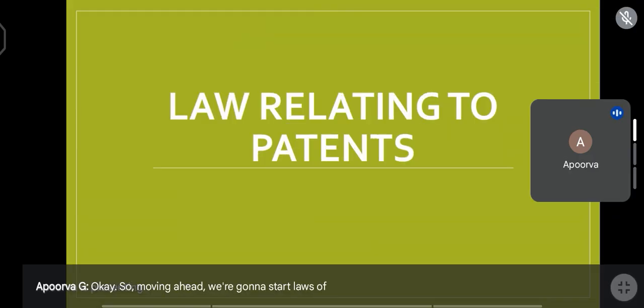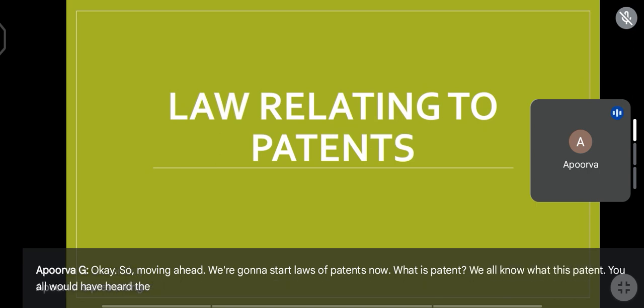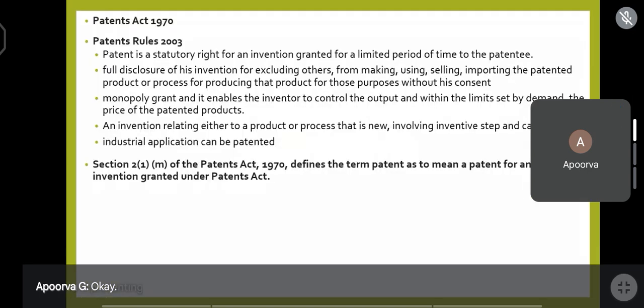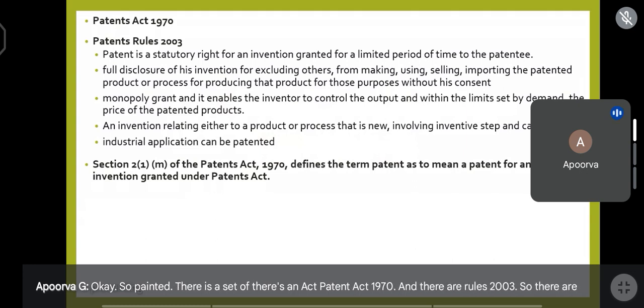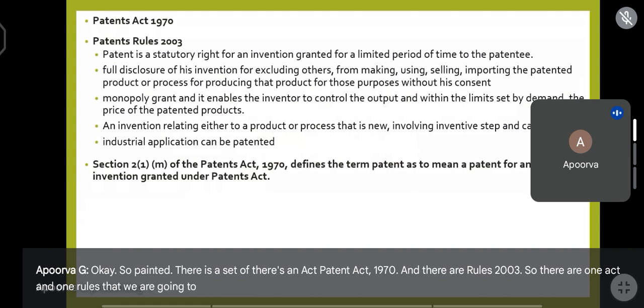Of patents. Now, what is a patent? Do you all know what a patent is? You all would have heard the terminology patent. There's an act, the Patent Act 1970, and there are rules, 2003. So there is one act and one set of rules that we are going to study.